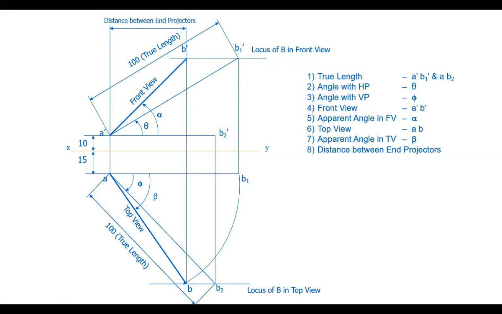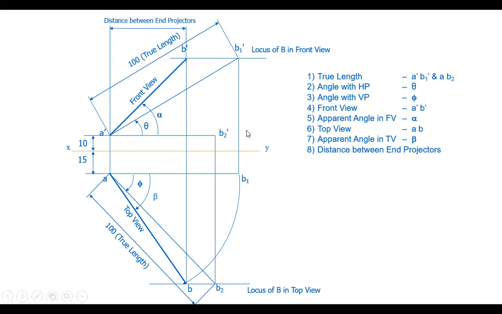We can correlate it with a mathematical problem, where you are given certain parameters and asked to find other parameters. Here also, out of these 8 parameters, you will be given some and asked to find the remaining parameters.